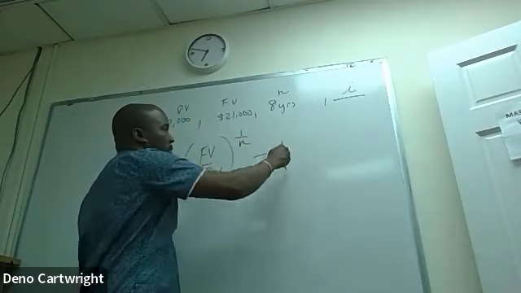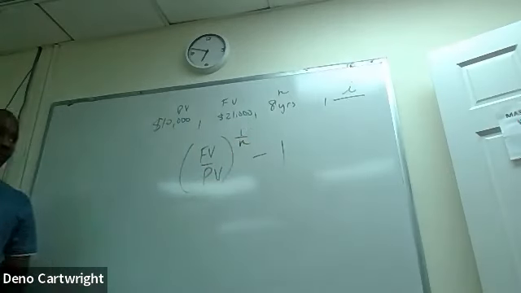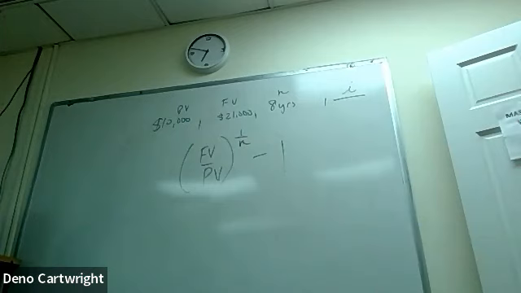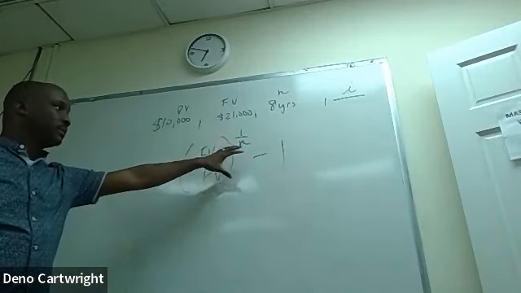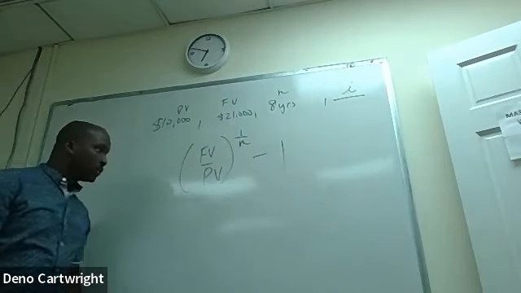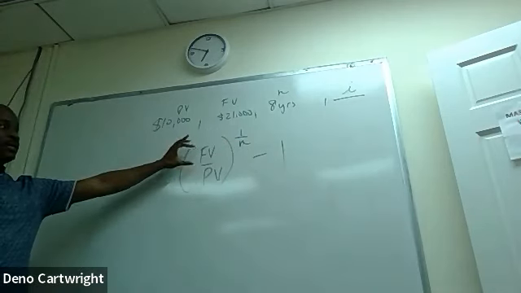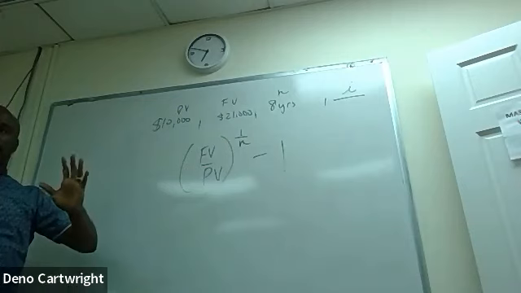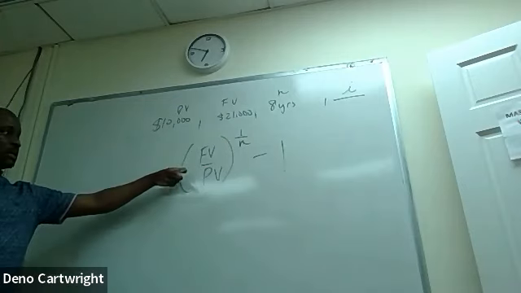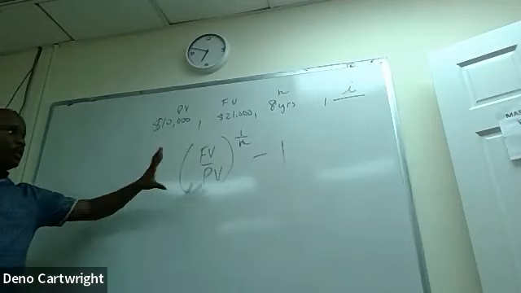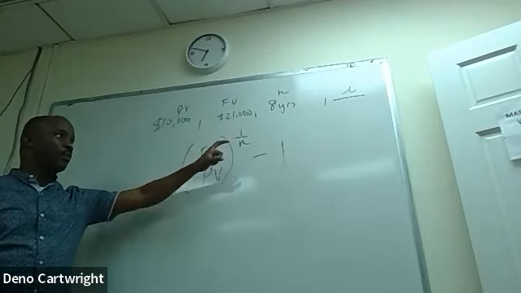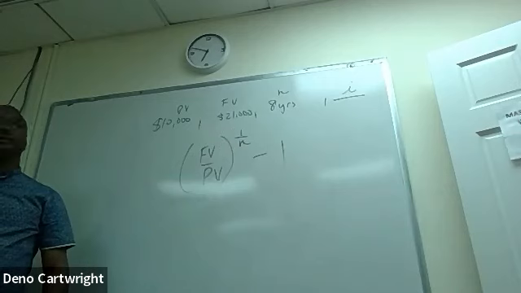Right, correct. So you're taking what my future value is, comparing it against what I have now in my present value, and putting it to the power of 1 over n. Why are you putting it to 1 over n?